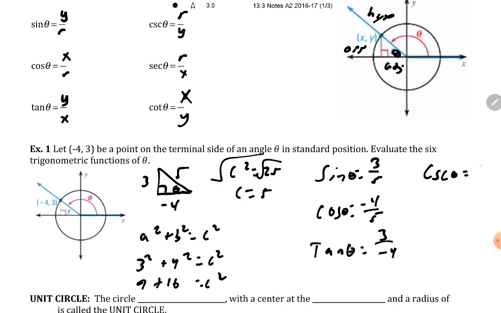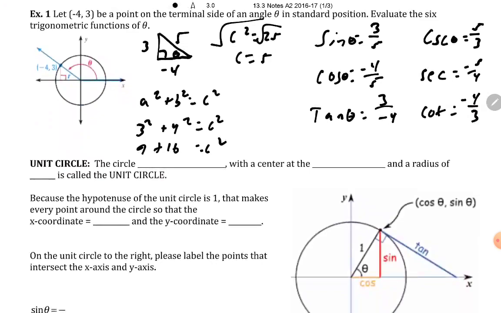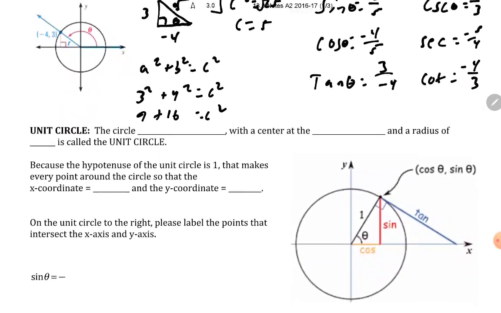Cosecant is sine flipped. Secant is cosine flipped. And cotangent is tangent flipped. And we're done.